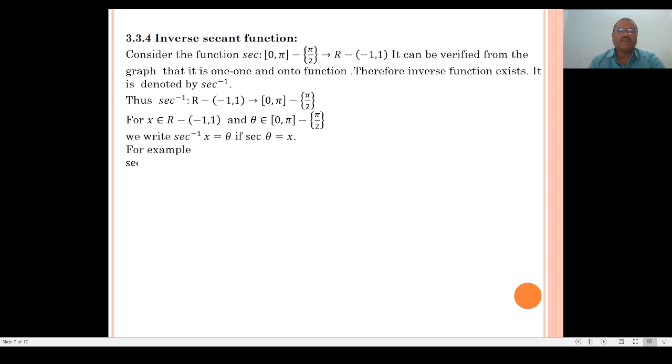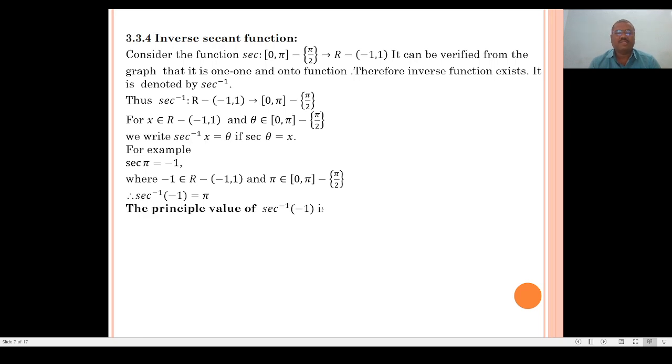For example, sec pi equals minus 1, where minus 1 belongs to R minus the open interval minus 1 to 1 and pi belongs to the closed interval 0 to pi minus pi by 2. Therefore, sec inverse minus 1 equals pi. The principal value of sec inverse minus 1 is pi.